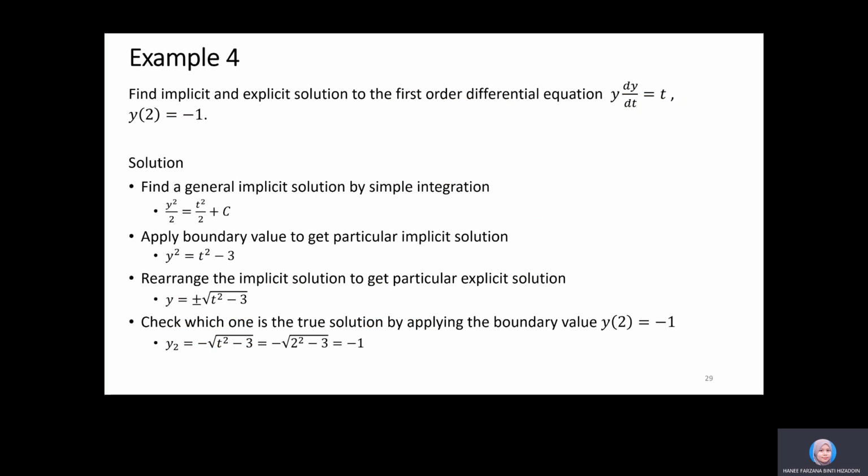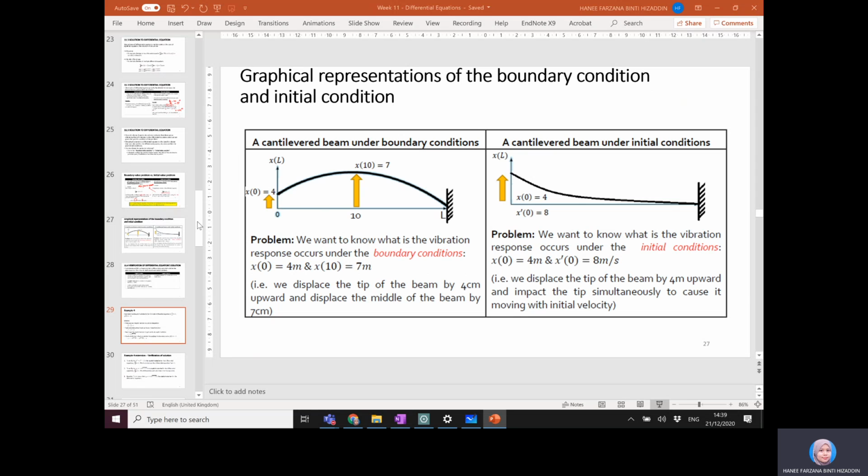Let's do example 4. Find the implicit and explicit solution to the first order differential equation y dy/dt equals t, with the boundary condition y(2) equals -1.